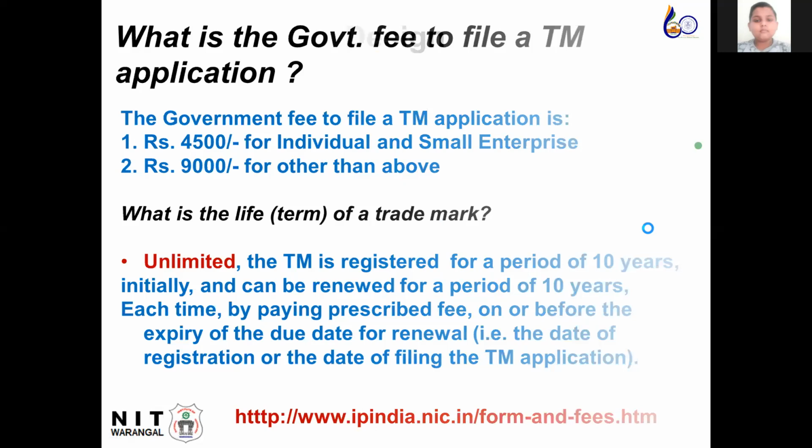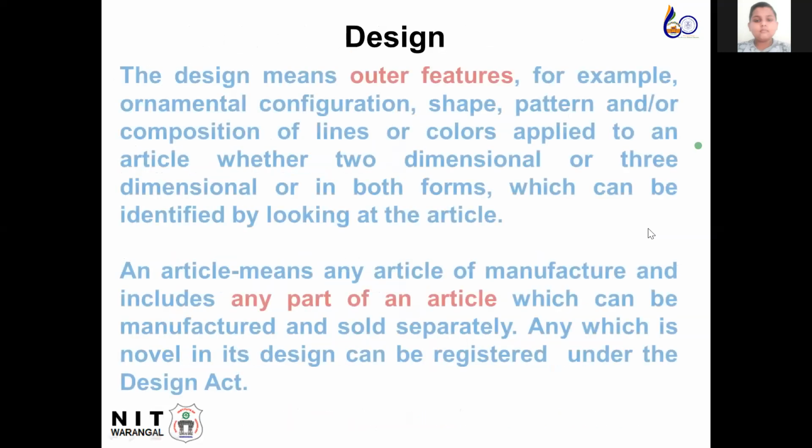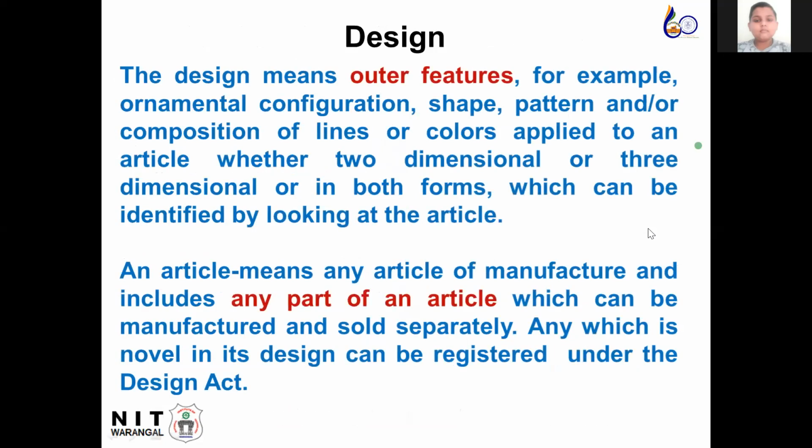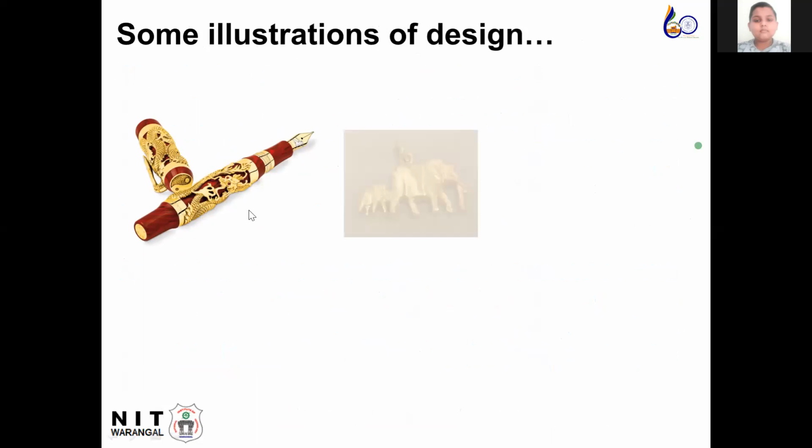So similarly, another thing is design. I told you that it gives the overall picture or the quality, and it can be a part of an article, it can be feature, color, dimension, shape, pattern, composition, many other things. For example, here pictorially I would like to show that this is a fountain pen, but the design which is engraved with gold and other things comes under design patent.